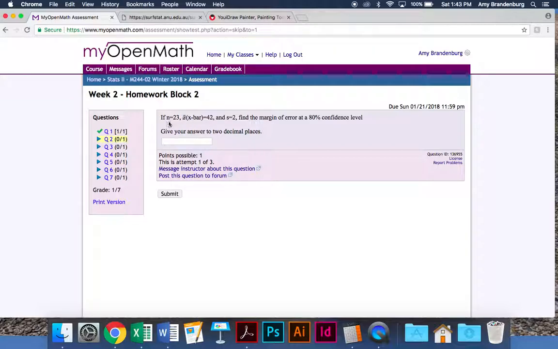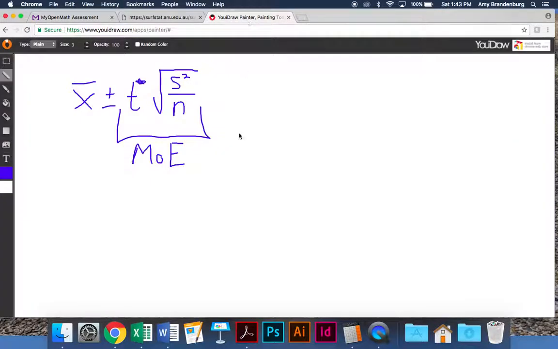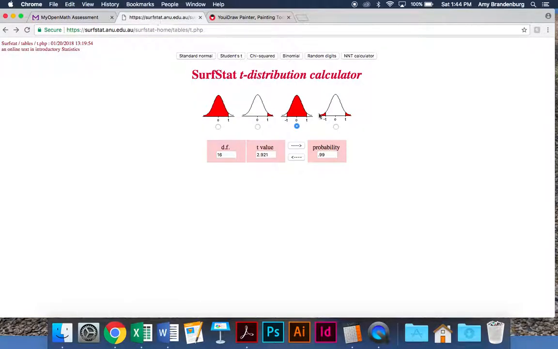We know that for T star we need degrees of freedom, which is equal to n minus 1, and we need to know the confidence level, which in this case is 80%. So we're going to go over here to SurfStat.